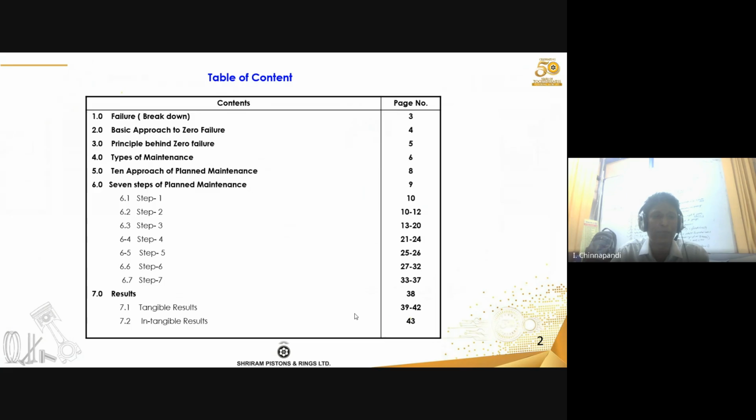First, we will discuss failure, what is breakdown, and the basic approach to zero failure, zero breakdown, the principles behind zero failure, types of maintenance, the approach to plant maintenance, seven steps of plant maintenance, and the results. How, when we adopt this approach and methodology, we can get the results that we can see.